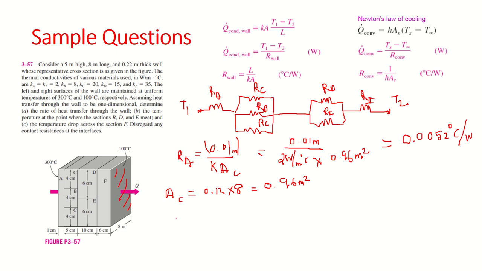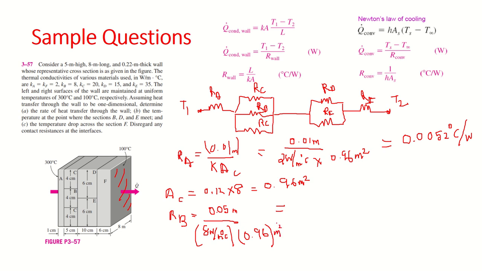Same way we will do for RB. For RB the length is 5 centimeter, right? So 0.05 meter, and KB is 8 watt per meter degree Celsius, multiplied by the same area, 0.96 meter square. I missed the square over here.